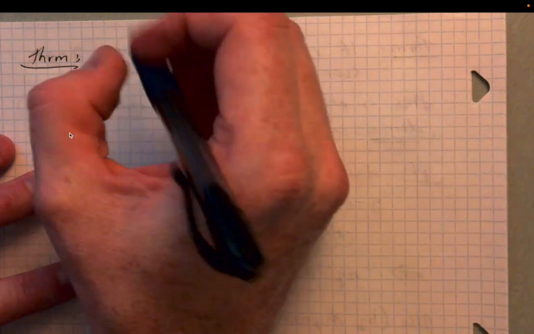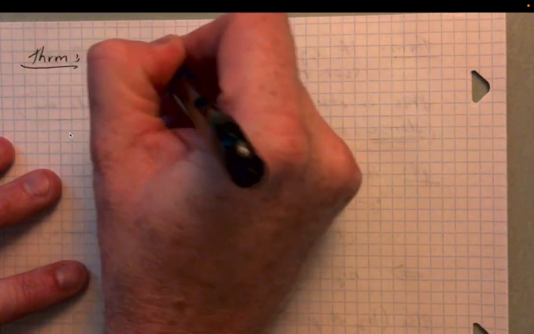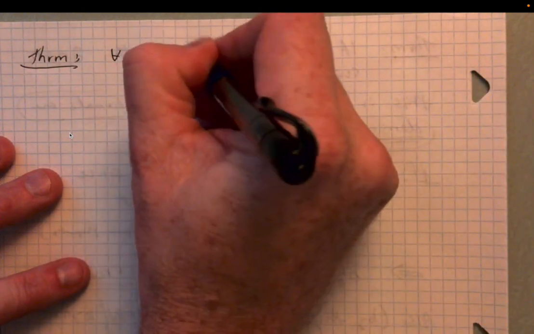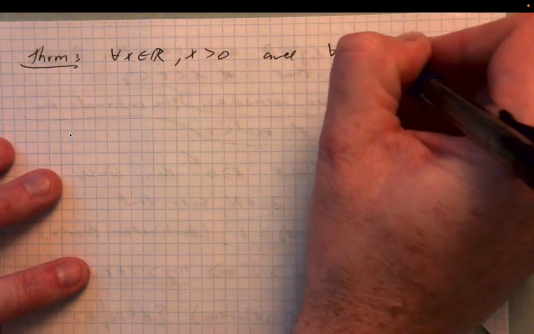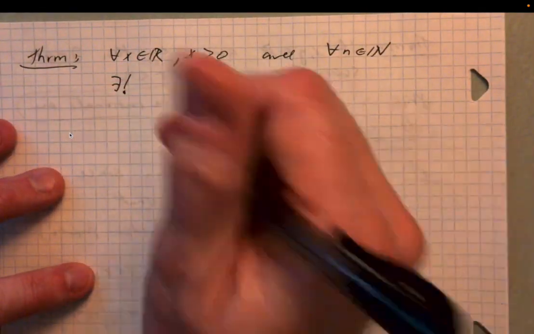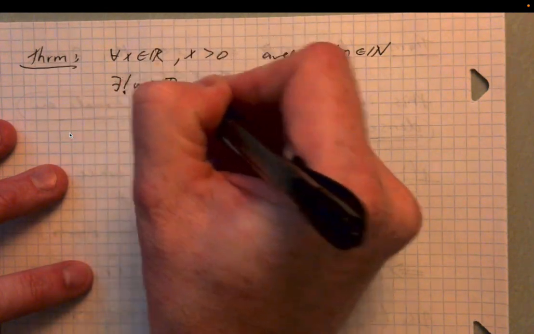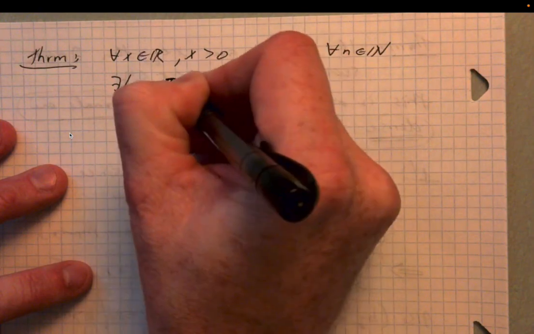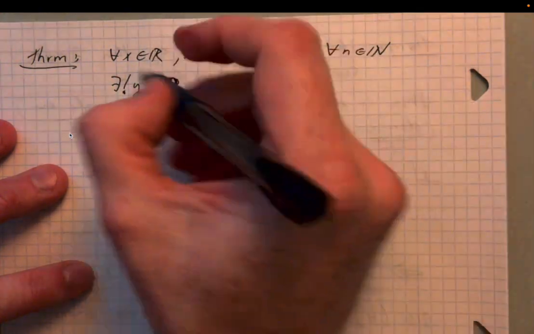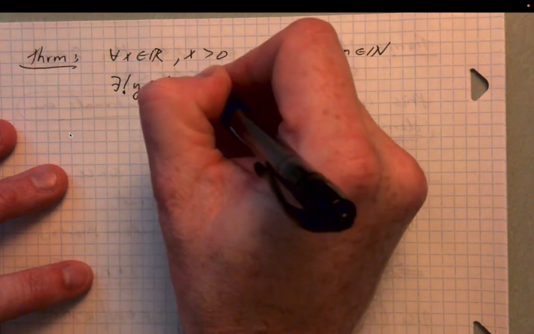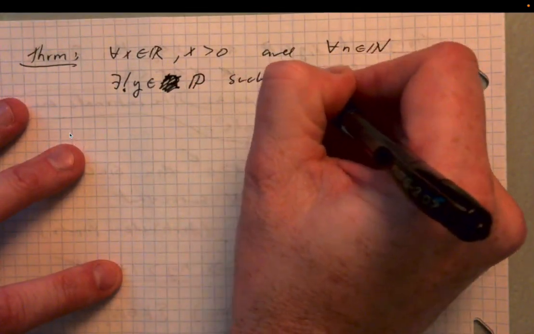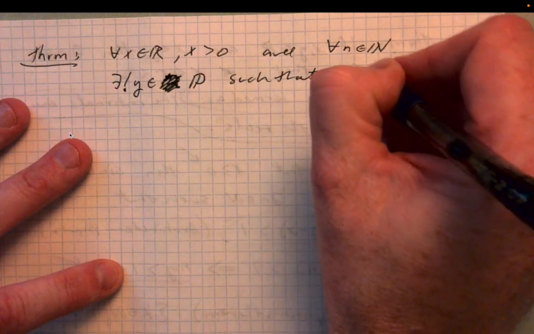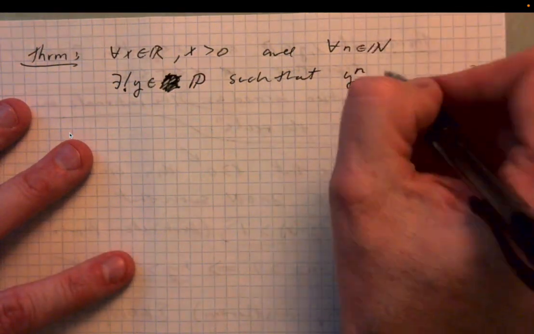The last theorem says that for all real numbers x, for all x in R, where x is greater than 0, and for all n in N, there exists a unique positive real number y such that y raised to the nth power is equal to x.